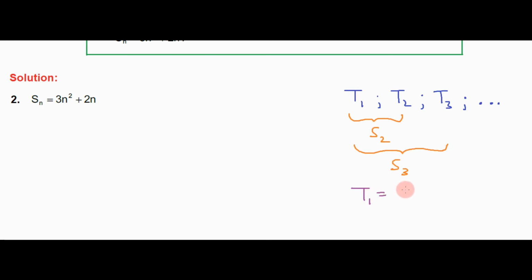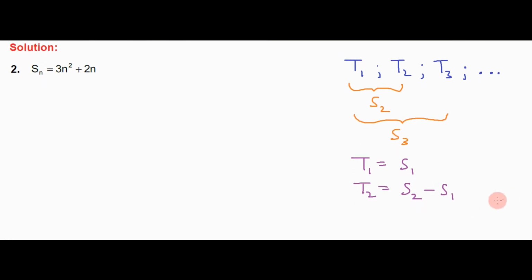T1 is given by S1. So the first term will be given by the sum to one term. Then T2 will be given by S2, the sum of the first two terms, minus S1. So S2 minus S1. Then the third term, T3, will be given by S3 minus S2, and so forth.